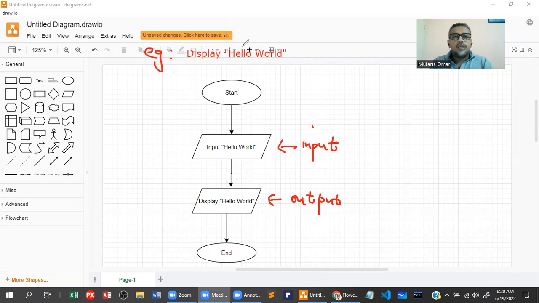So draw this flow chart. Maybe most of you are already familiar with this, because usually in schools they start with this, unit 1.